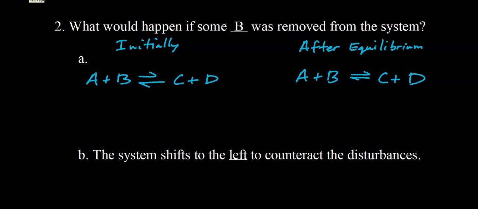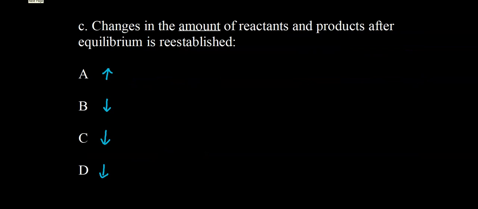So removing a substance, the equilibrium will shift towards that substance. And if the equilibrium shifts towards a substance, what happens to the amount? The amount will increase, like A, unless what caused that shift was removing some, like in B, so ultimately its amount decreased.